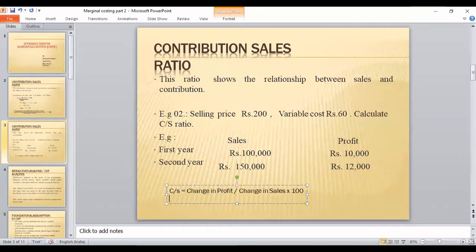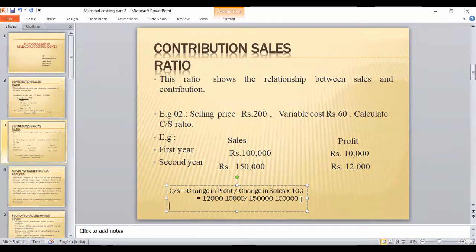Now see the values. What is the change in profit? It will be 12,000 minus 10,000, divided by the change in sales. To get that, 1,50,000 minus 1 lakh. Yes or no?